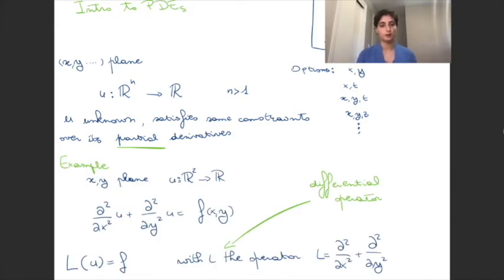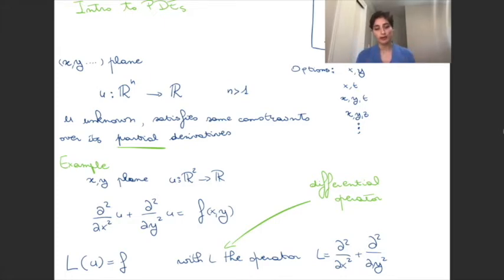So for example, we can take u that goes from the xy plane to R and give some restrictions on the second derivatives of u and how the partial second derivatives of u combined work. So for example, second derivative of u with respect to x plus second derivative of u with respect to y is equal to a function that depends on x and y itself.